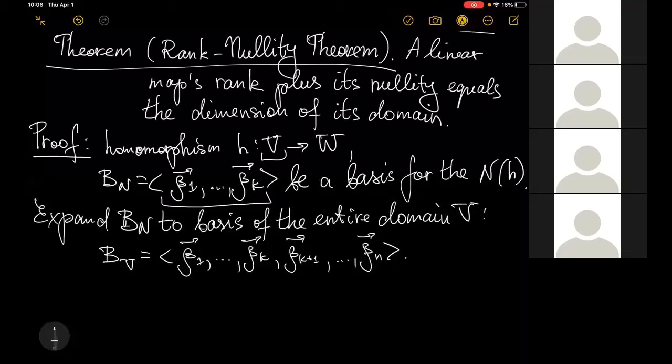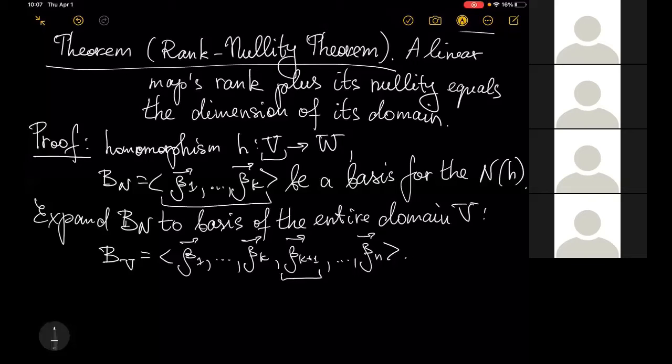So take any vector like that, which doesn't belong to the null space, essentially. Then this vector cannot be linearly dependent on the vectors of the null space, right? So you added one vector to the basis. You now have k plus 1 linearly independent vectors. Take any vector which is not spanned by this basis.